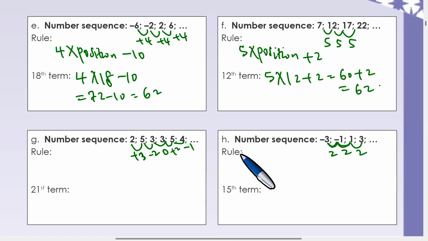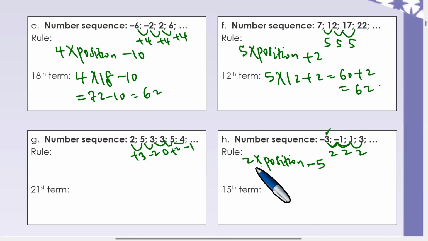So what is the rule here in H? Plus 2. So it is 2 times the position. Minus what or plus what to get minus 3? Minus 5.